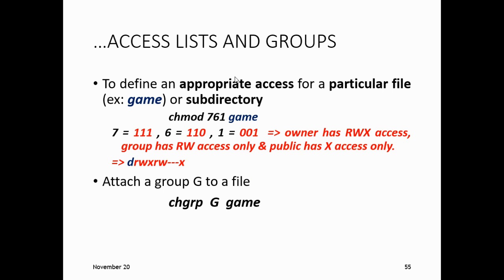In this example, we are showing you how to change the mode of a particular file. The file name is called game, and this is the command chmod 761 game, meaning you want to change the access mode of the file game using this number 761. 7 means 111, 6 means 110, 1 means 001.